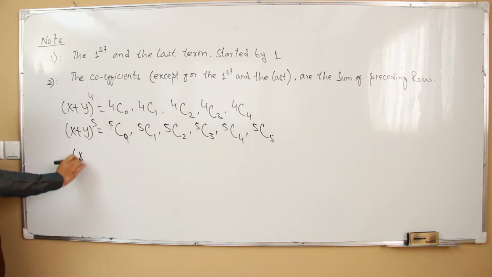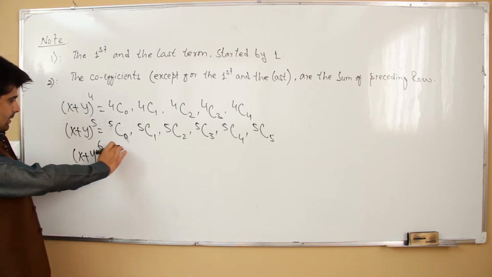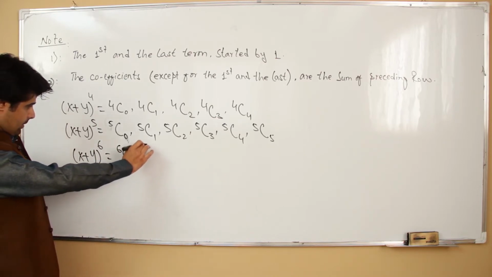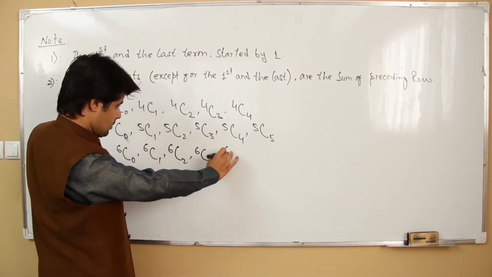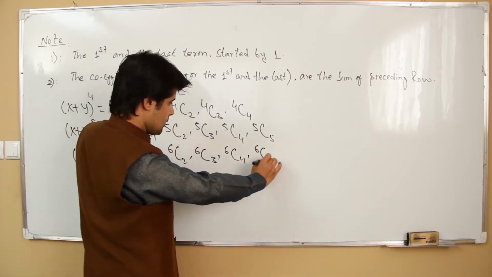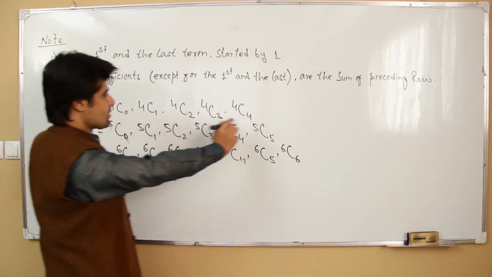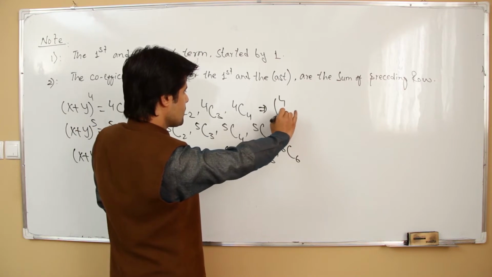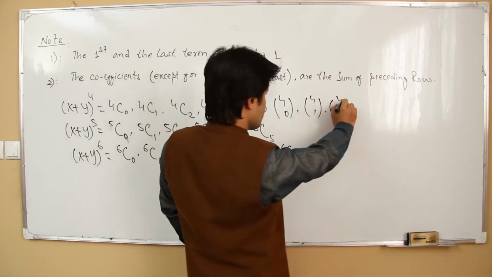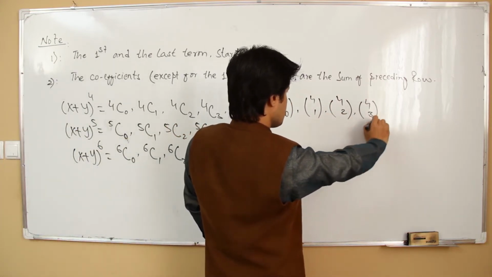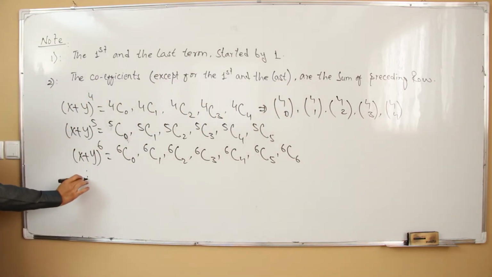If you have x plus y raised to the power 6, now what are the coefficients? 6c0, 6c1, 6c2, c3, c4, c5, and c6. You can write, for example, this term like 4 by 0, comma, 4 by 1, 4 by 2, 4 by 3, 4 by 4. Now, these are the coefficients for a binomial expansion.